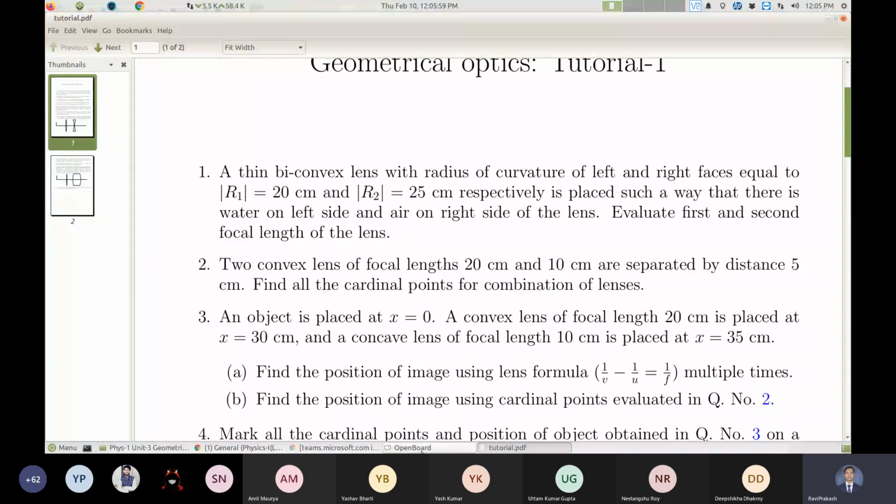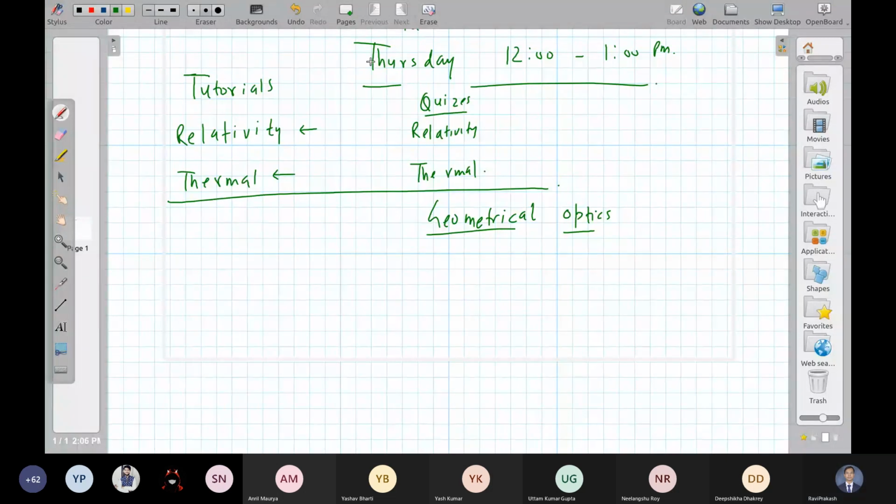Some of you have a problem with today's lecture, the position of the crosswire. So let's invest 10 minutes on that and then we will come to the problem solving part.